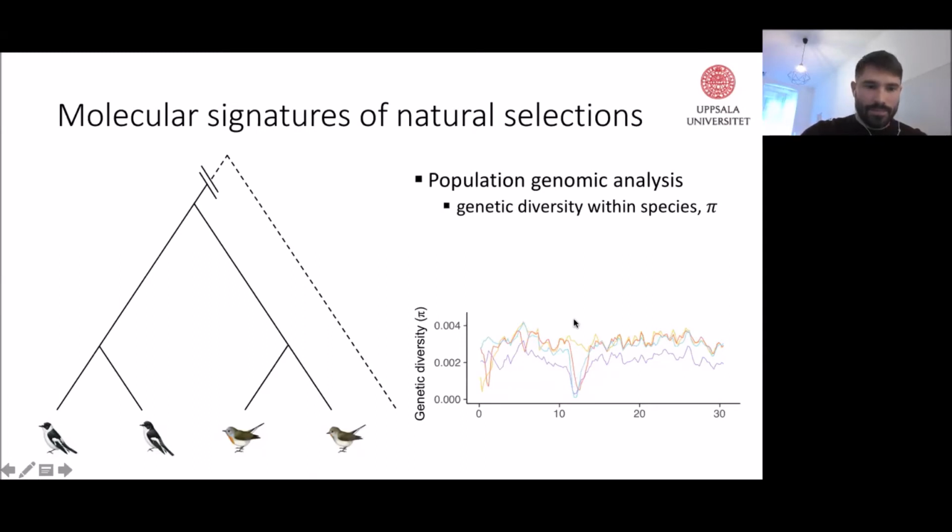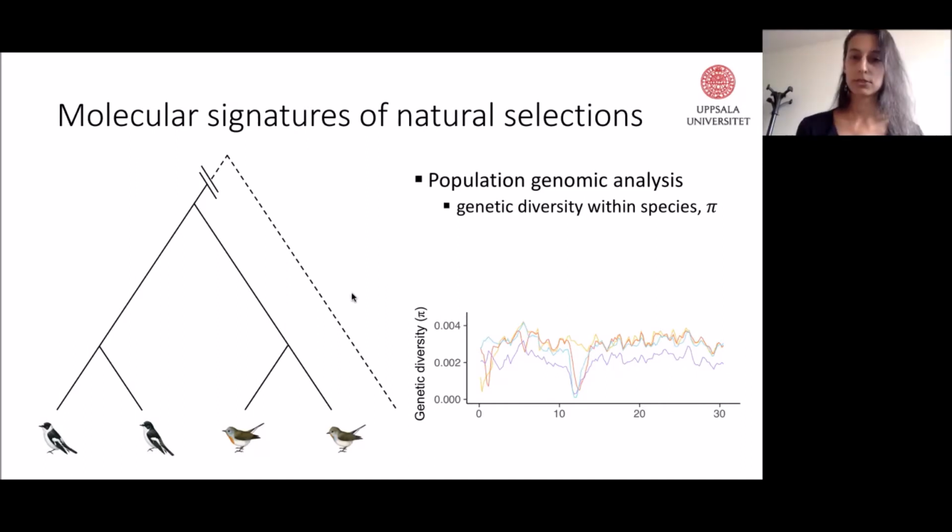Okay, so here in 3 of the 4 species, you see a locally reduced genetic diversity. This locally reduced genetic diversity is generally interpreted as a region where there is evidence for natural selection, more specifically a region where there has been a selective sweep.